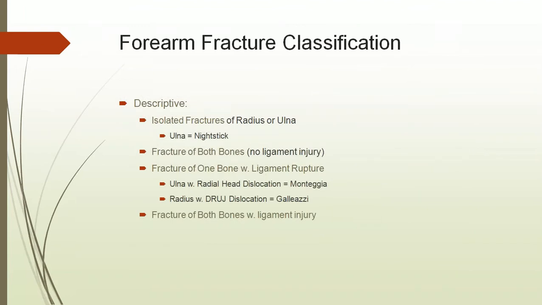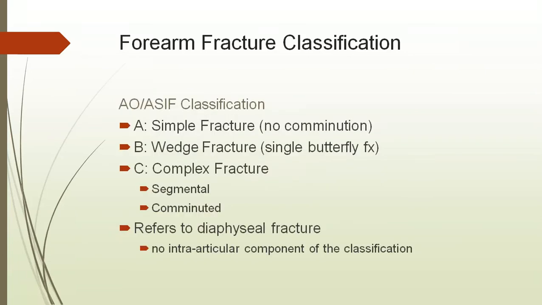So how do you classify? There are different types of classification, with ligamentous injury and without ligamentous injury. One is the AO classification, a very simple classification divided into three types, A, B and C. A is a simple fracture, B is a wedge fracture and C is a complex fracture.